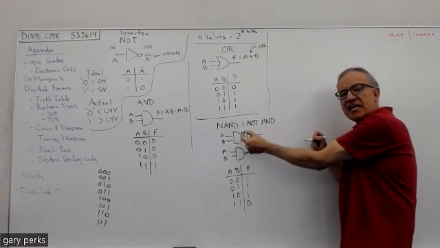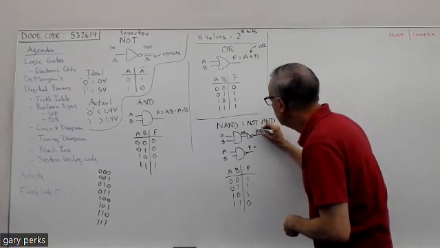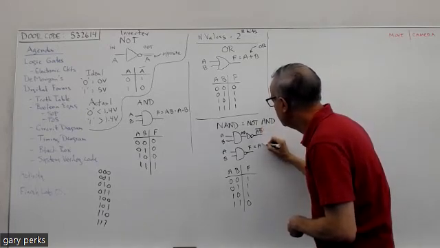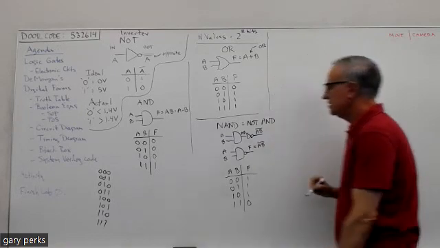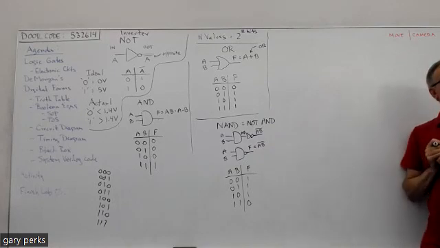Well, then the AB ANDed all gets inverted. The whole thing gets inverted. You see, that's the Boolean algebra for a NAND. Does that make sense? Okay. Any question about the NAND?